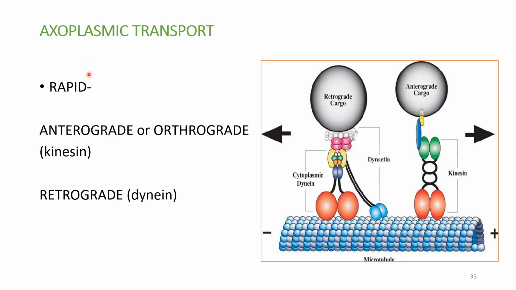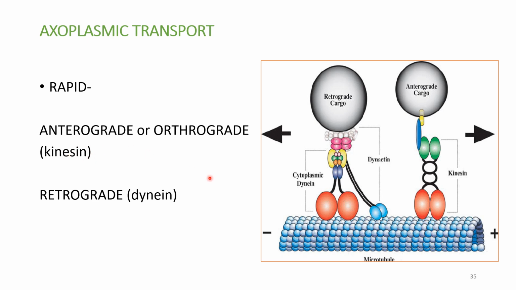This axoplasmic transport is essential for the nerve to perform its functions, because the axon cannot prepare its proteins, as it lacks rough endoplasmic reticulum, that is, it lacks Nissl granules, and some materials should be transported to and fro. This can be divided into rapid transport and slow transport.